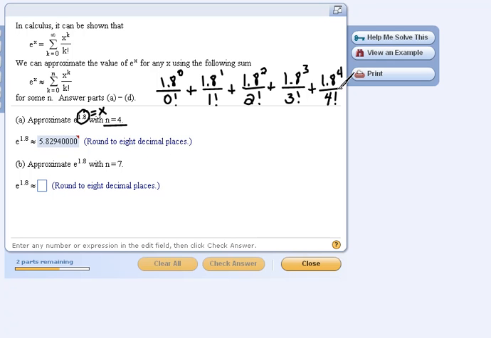Now, when we add all of these up, this is going to be our approximation of e to the 1.8 power. So we just need to simplify each one of these.